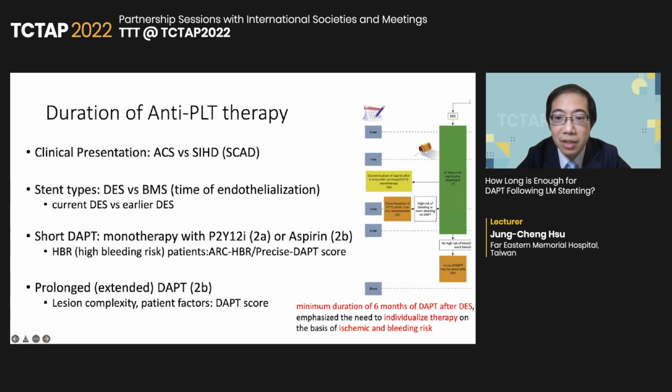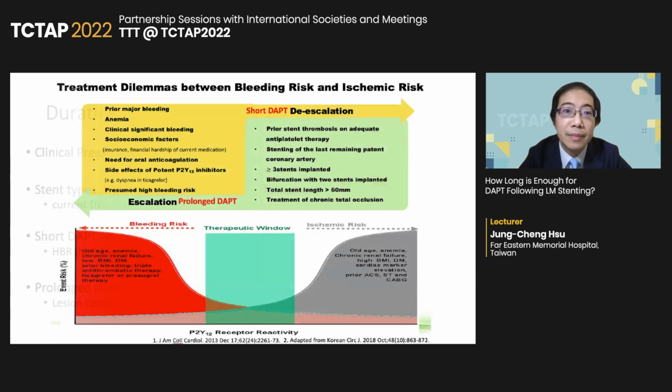So we must emphasize the need to individualize therapy on the basis of ischemic and bleeding risk.